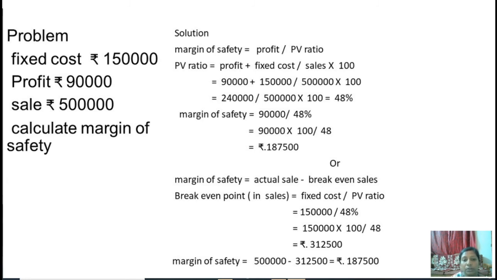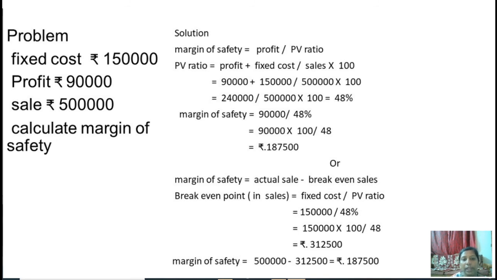So 90,000 plus 1 lakh 50,000 equals 2 lakh 40,000. This value is divided by the 5 lakh. So 2 lakh 40,000 divided by 5 lakh into 100 equals 48%. So the 48% is the PV ratio.